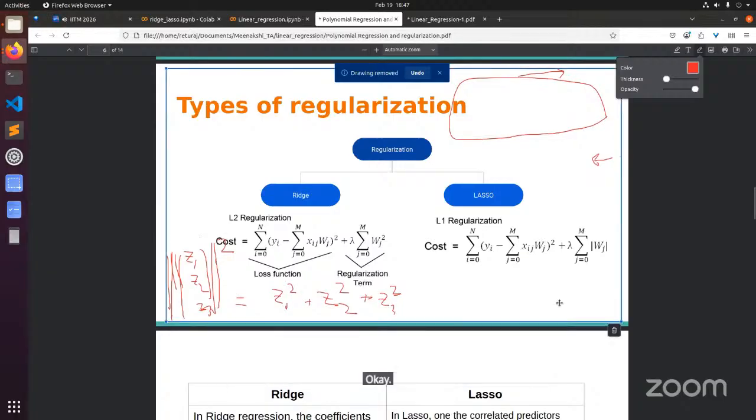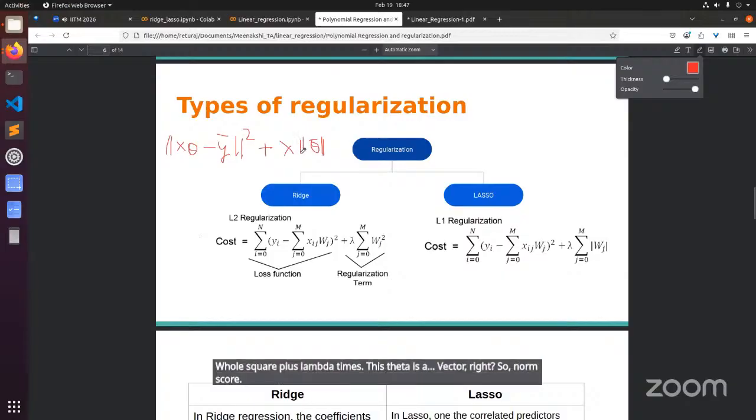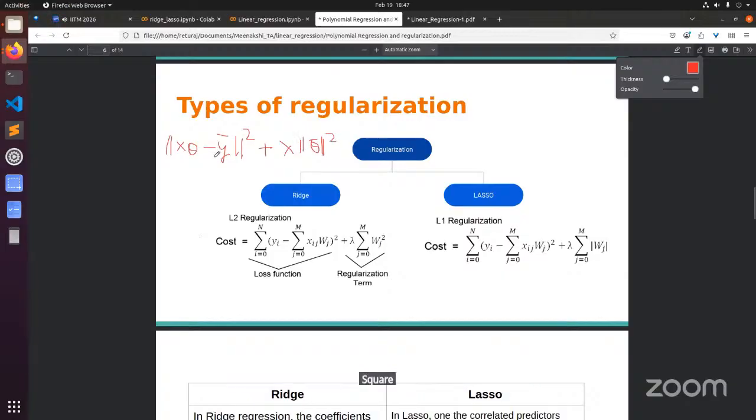Okay, let me rewrite it again. So the ridge loss looks like this: the norm square of x theta minus y bar, plus lambda times, this theta is a vector, right, the norm square of theta. This is what we are trying to minimize.